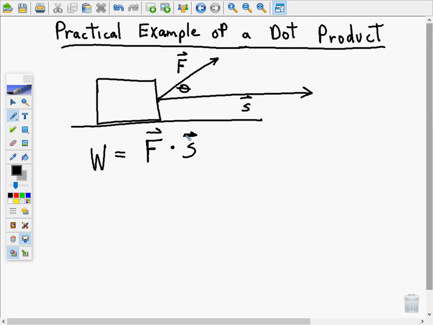So if I break that F up into parts, part of F is acting this way, part of F is acting that way.